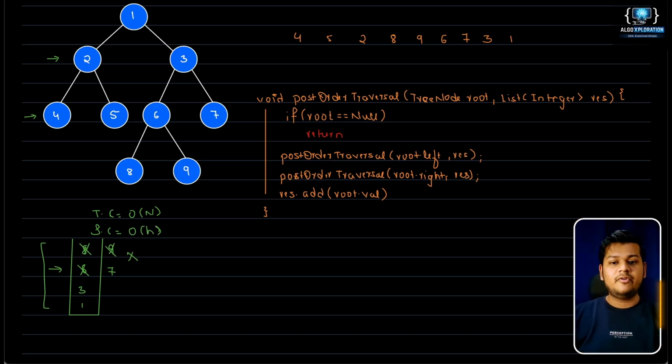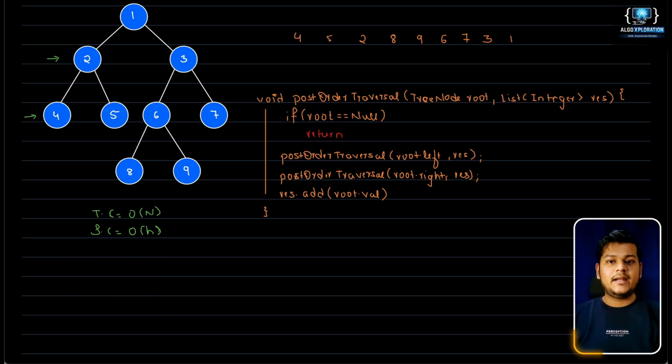Okay, now there will be 2 variations of h. If the tree is balanced, then h will be log n, because we are thinking that each node has 2 children. So if there are n nodes, then the height will be log n.